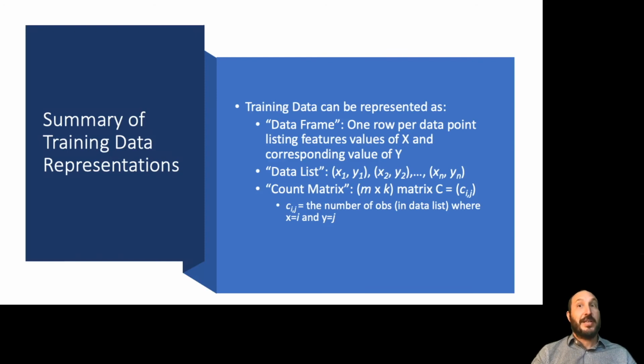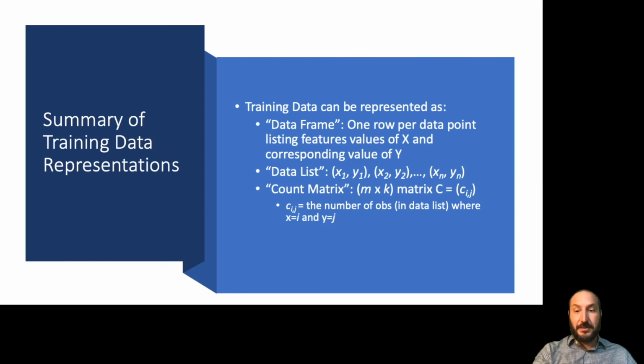In this case, we think about X and Y as just being integers. We use this idea that there's a finite number of possibilities of X and of Y, so our data list is just a set of pairs of integers. And then third, we have this count matrix, where we make a matrix of all the possibilities of XY, since there's only finitely many of them, and let the corresponding entry in the matrix tell me the count, how many times I've seen each particular value.